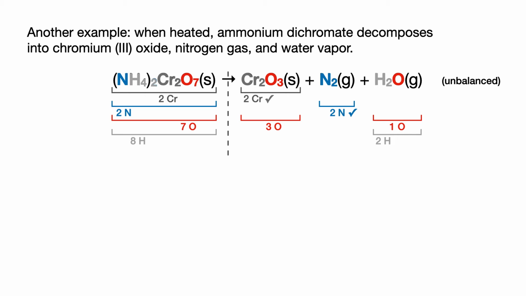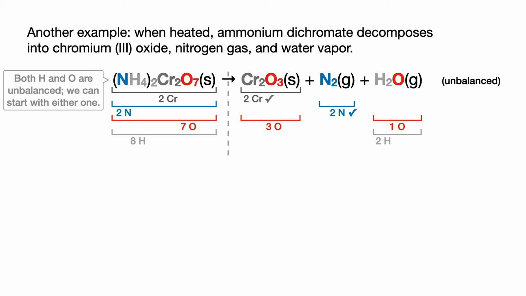They're both unbalanced. And again, when we've got multiple elements that are unbalanced, we can start with either one. And I'm going to start with the hydrogen in this case. I'm going to notice that I've got 8 hydrogen atoms on the left. I only have 2 on the right.